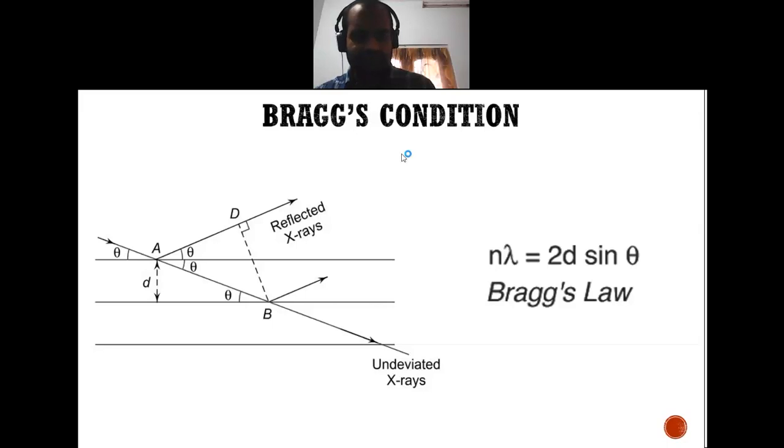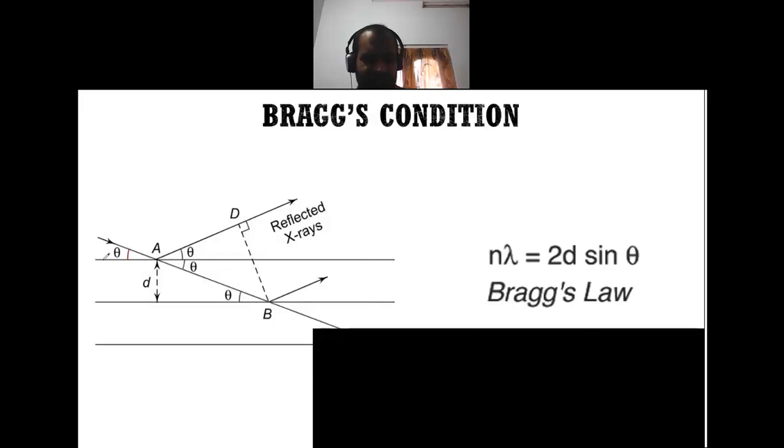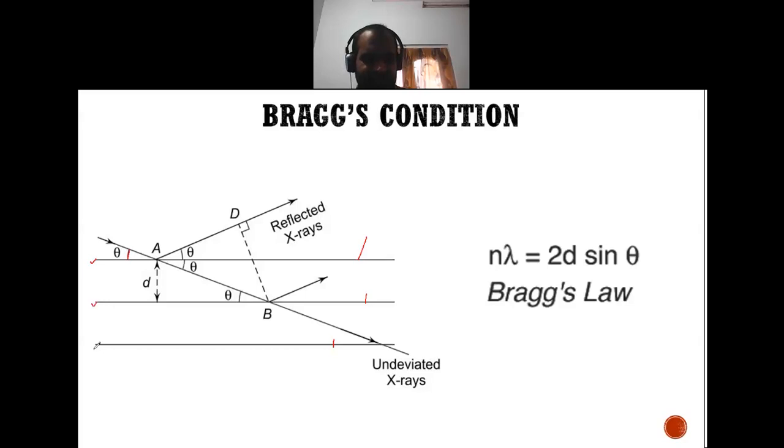So these are various crystal planes, 1, 2, 3, and these X-rays are incident on the planes, making an angle theta with each plane. The planes are parallel to each other.